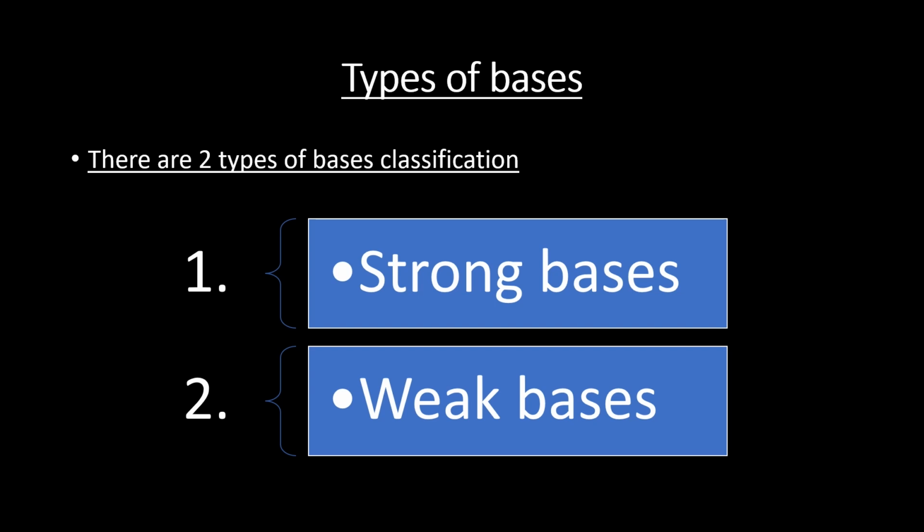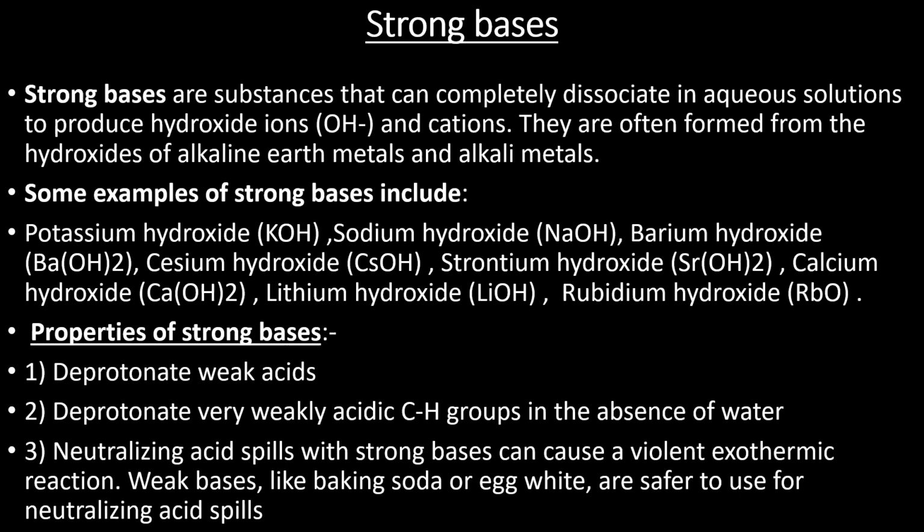Now, all the bases are classified into two groups. First is strong bases and second is weak bases. Strong bases are substances that can completely dissociate in aqueous solution to produce hydroxide ions.